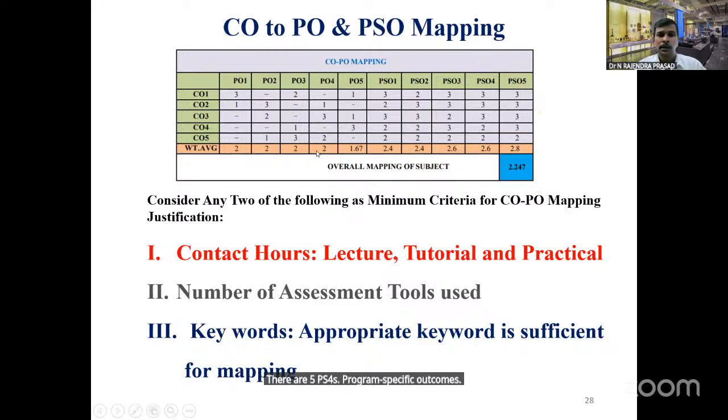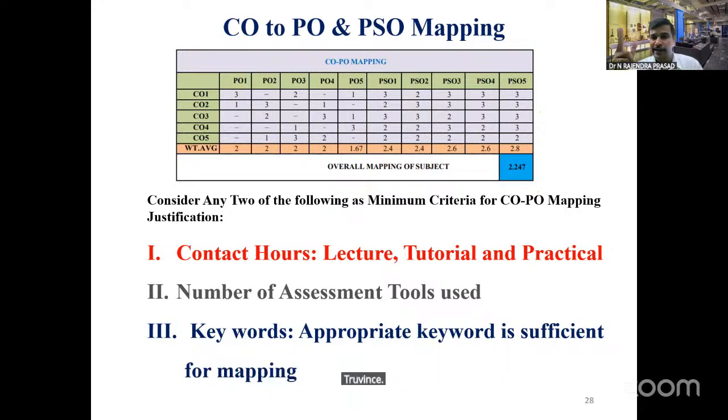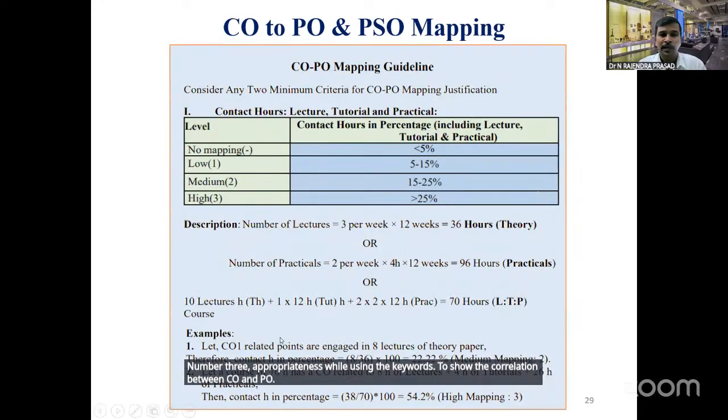These numbers are decided in 3 ways. One is based on the contact hours through which you will complete the content related to that CO in relation to PO. Number 2, the number of assessment tools you use. Number 3, the appropriateness of the keywords used to show the correlation between CO and PO.